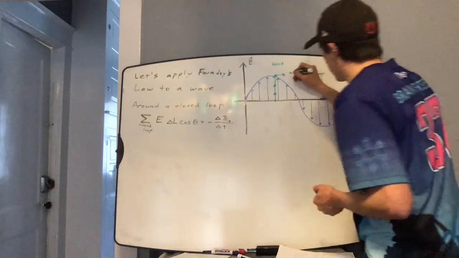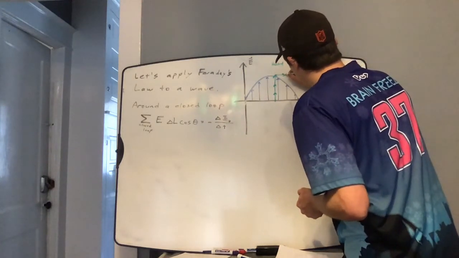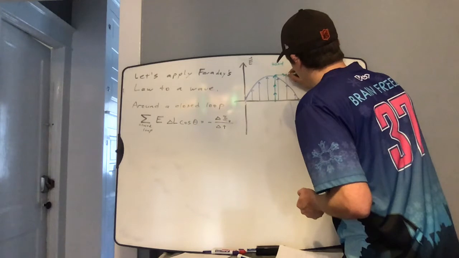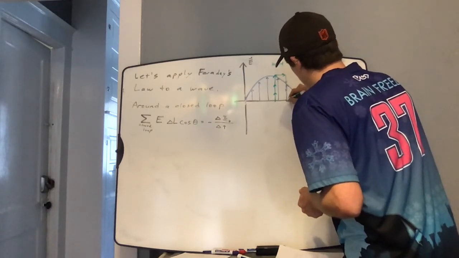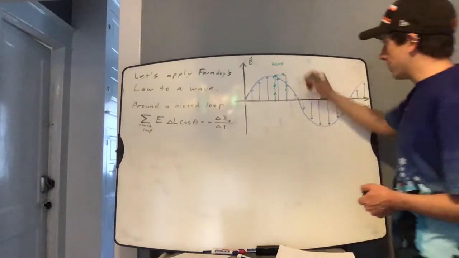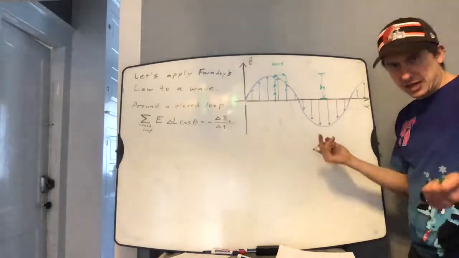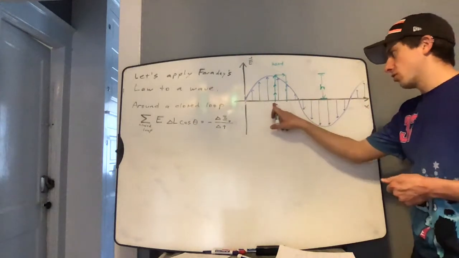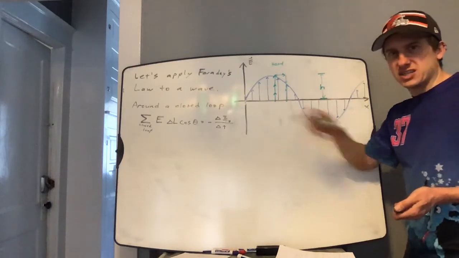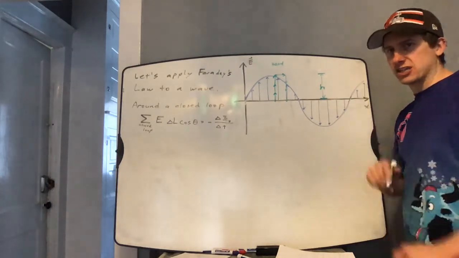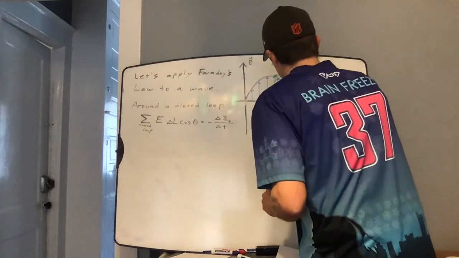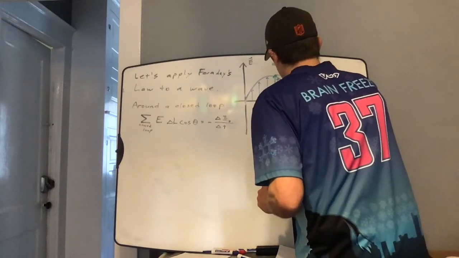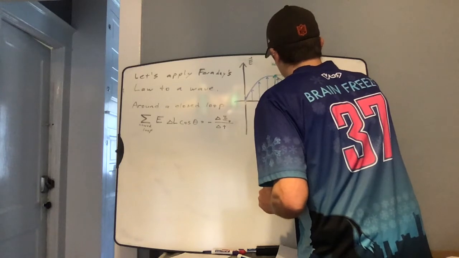Then I will turn and walk downward. I walk down a height h, and then I'm going to walk to the left a distance delta x and come back to my starting point.